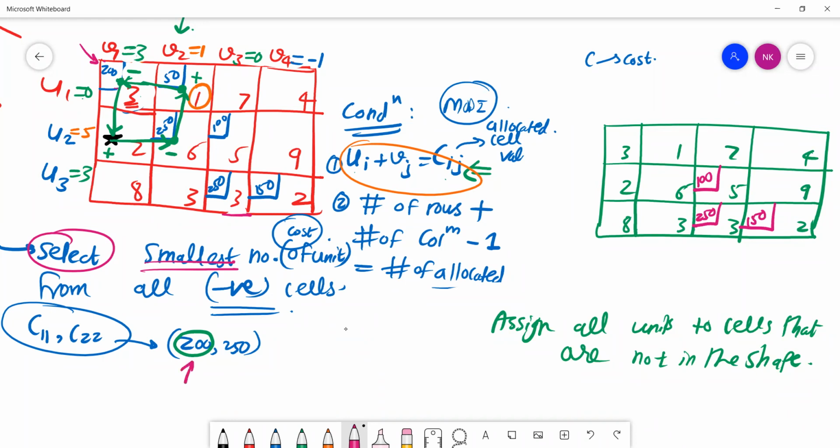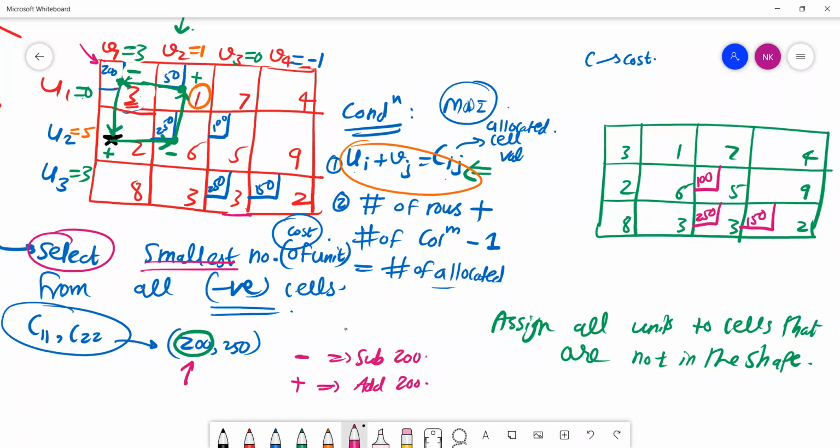Select the smallest number, so this one, 200. If you are having negative sign, then subtract 200 from the number of units. If you are having positive sign, then add 200 to the number of units.